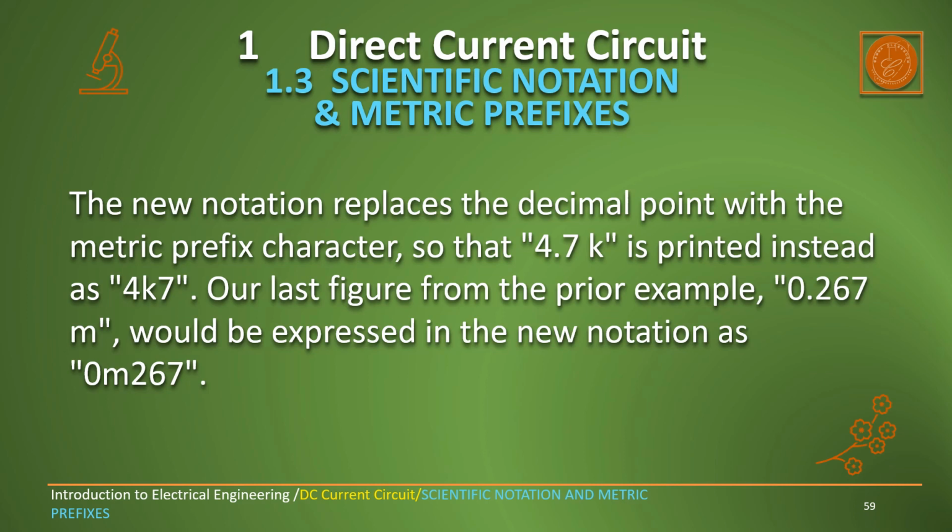The new notation replaces the decimal point with the metrical prefix character, so that 4.7k is printed instead as 4k7. Our last figure from the prior example, 0.267 m, would be expressed in the new notation as 0m267.